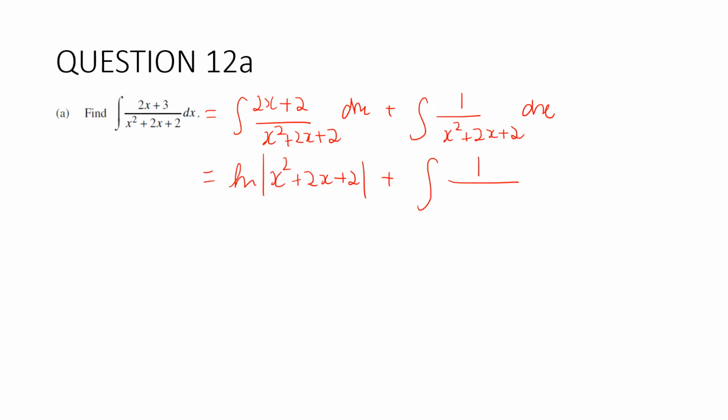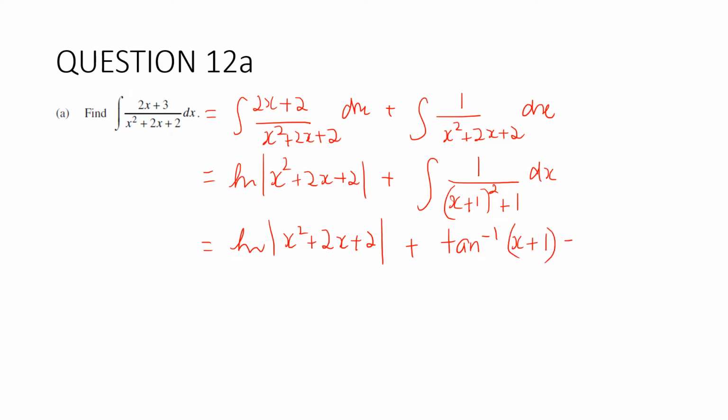So it's x squared plus 2x plus 1, so that's (x plus 1) all squared, and we have an extra 1 left over. Make sure that makes sense to you. So it's equal to ln of (x squared plus 2x plus 2) plus inverse tan of (x plus 1) on 1, plus c.